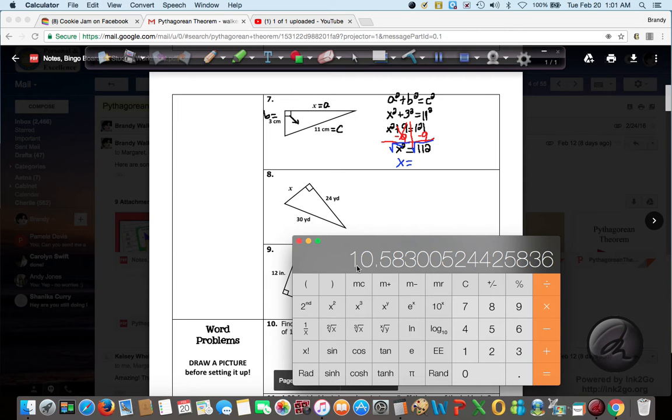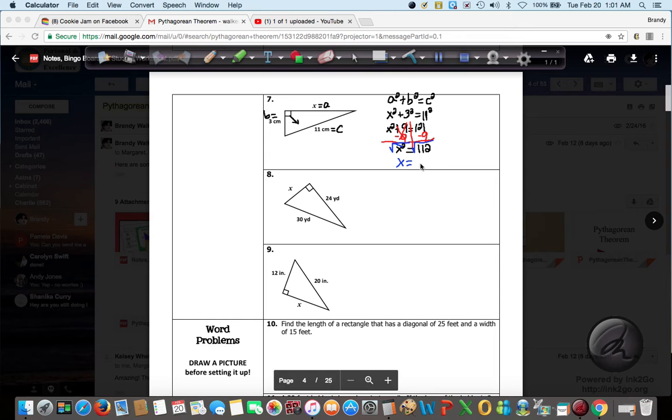So our actual answer is going to be 10.6. Let's go ahead and write that down up here, 10.6. And what are we dealing with? Centimeters. So we're going to write centimeters, and give that a circle.